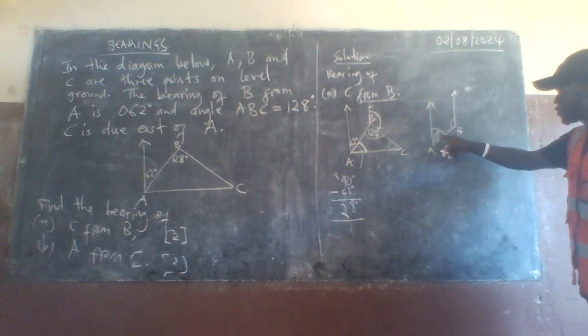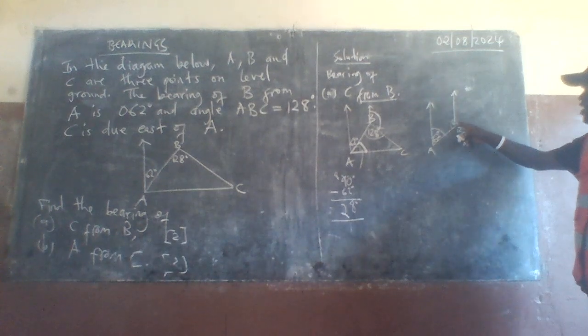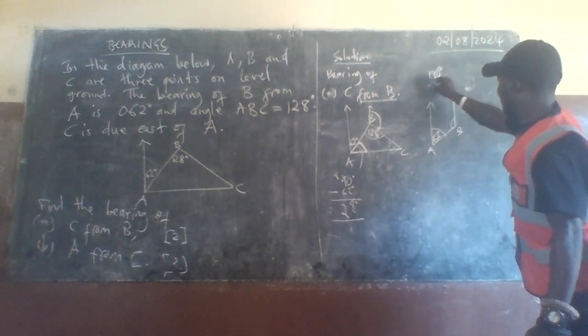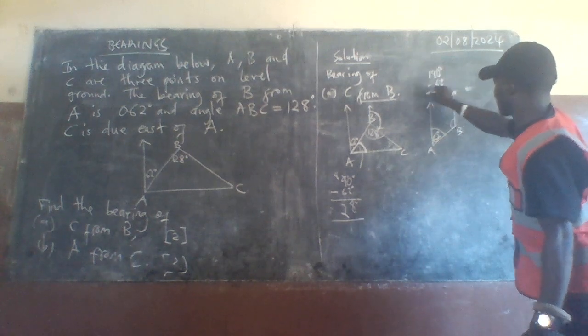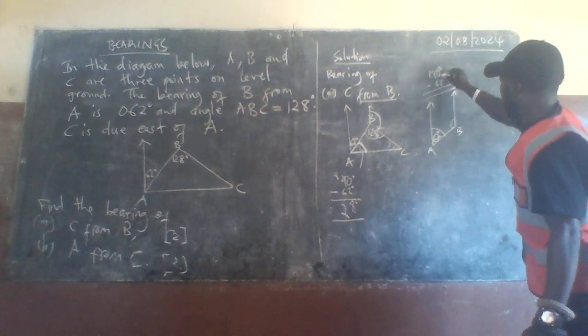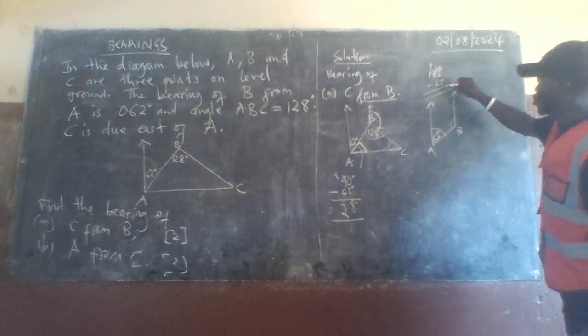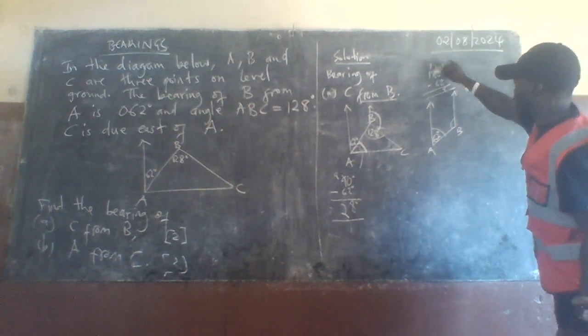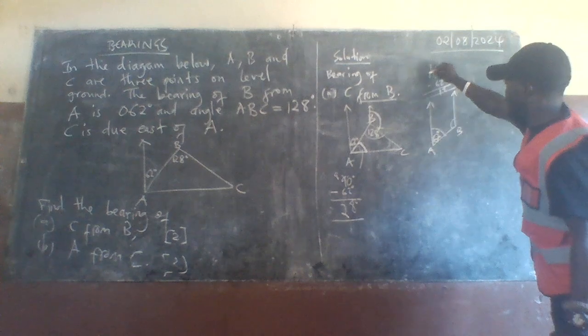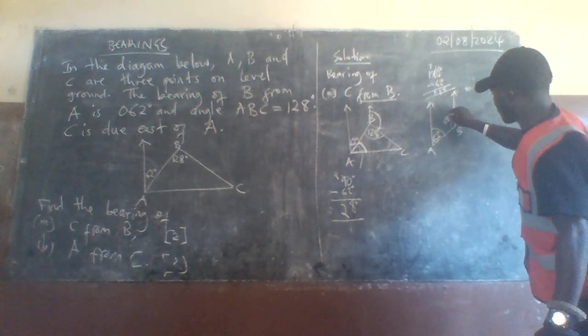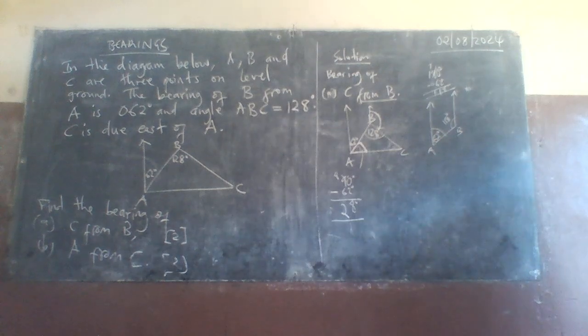So since you have 62, to find this angle, you say 180 degrees minus 62 degrees. That gives 118 degrees.